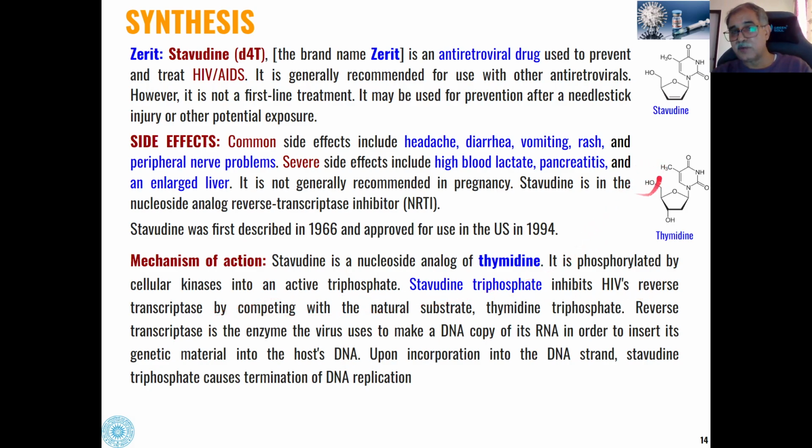So here we will get the triphosphate derivative at this position. When the activity of reverse transcriptase enzyme is inhibited, then the virus will not be able to make a DNA copy of its RNA, and that is how this will act as a reverse transcriptase inhibitor.